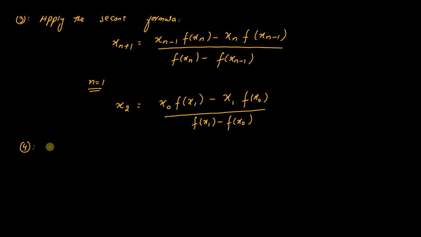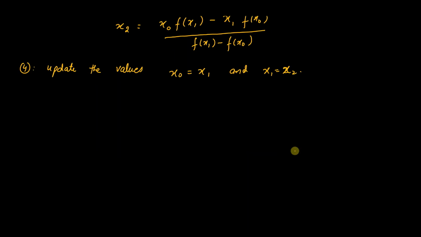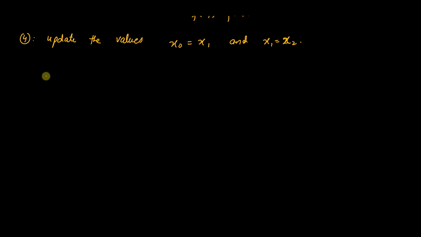In the fourth step, we need to update the values: x naught is equal to x1 and x1 is equal to x2. Now we need to repeat step 2 to step 4 until the required accuracy is achieved.